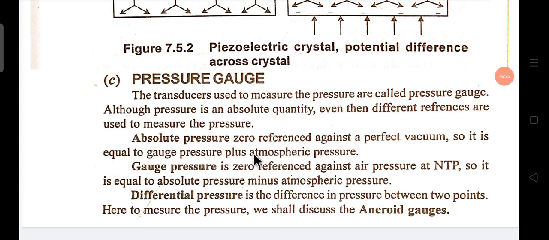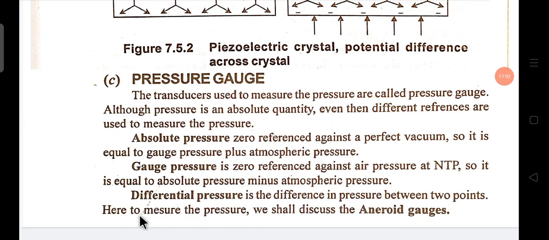Absolute pressure is zero referenced against a perfect vacuum, so it is equal to the gauge pressure plus atmospheric pressure. Gauge pressure is zero referenced against air pressure at NTP, so it is equal to the absolute pressure minus atmospheric pressure. Differential pressure is the difference in pressure between two points.